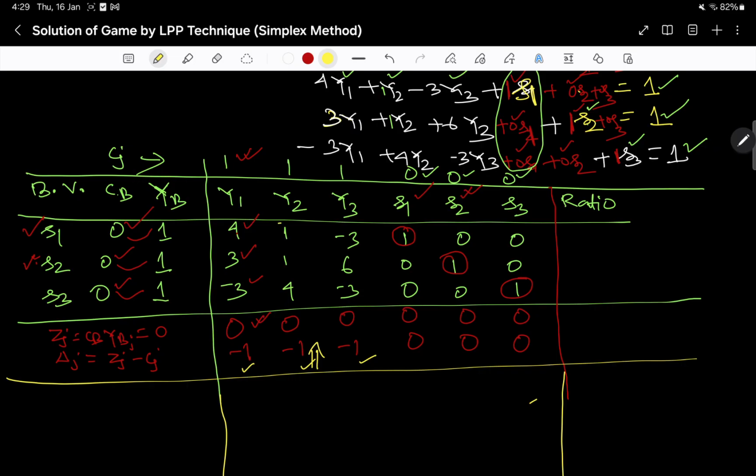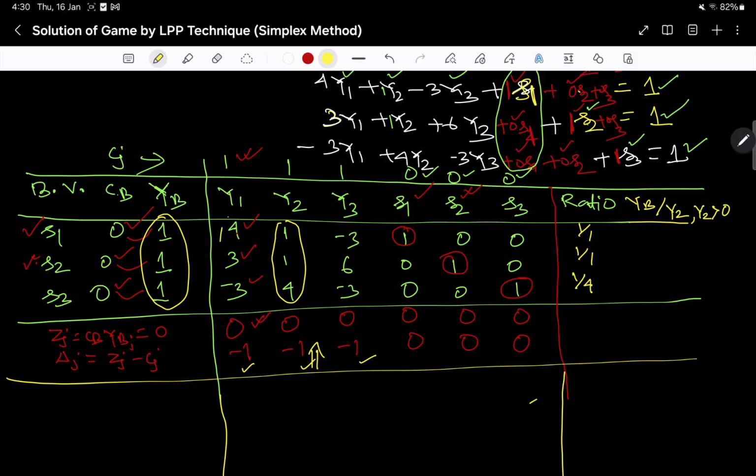So now we can quickly achieve the answer. We find the ratio of YB by Y2. So this is 1 by 1, it is 1 by 1, it is 1 by 4. While we find the ratio, the denominator here should be strictly positive, okay, otherwise it will not take part in the ratio.